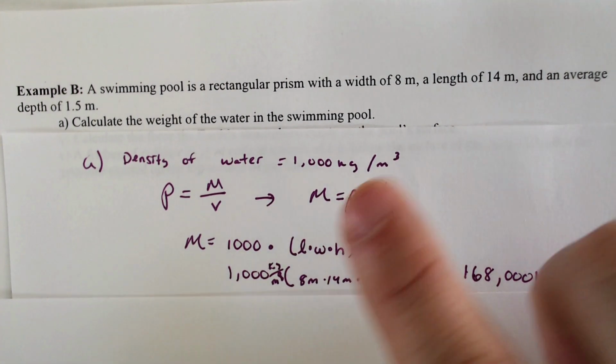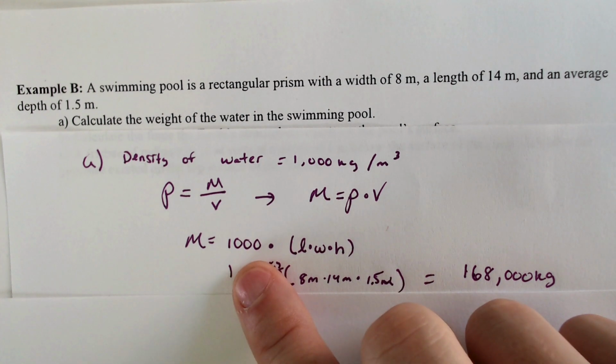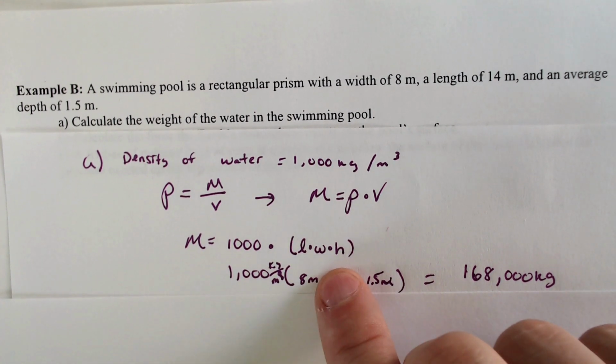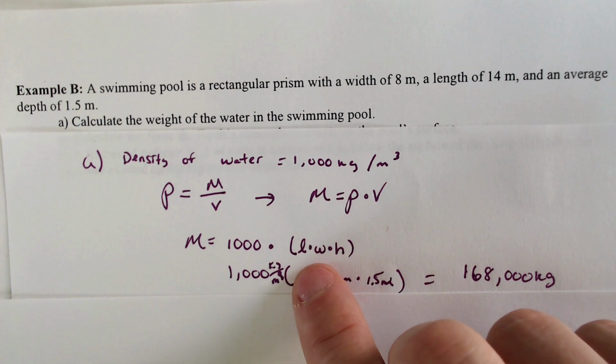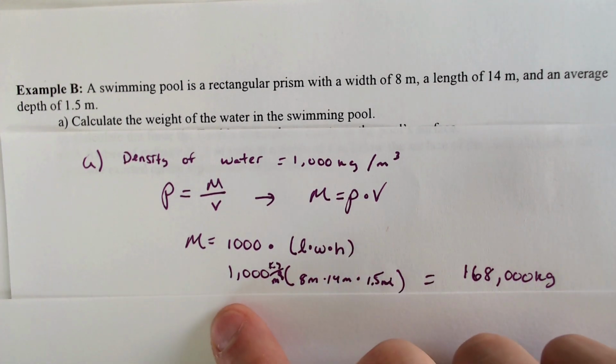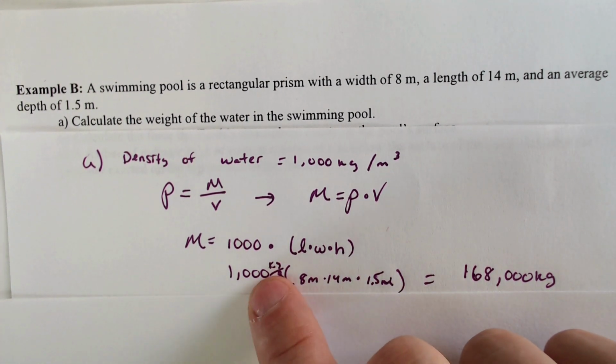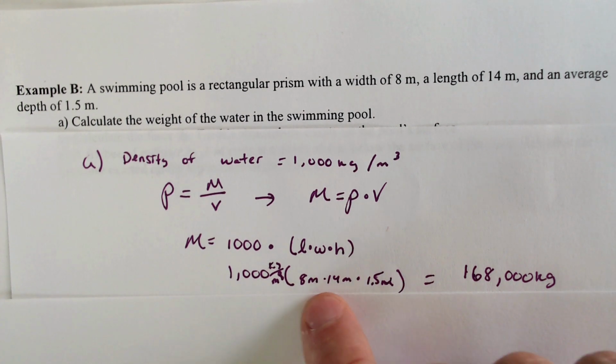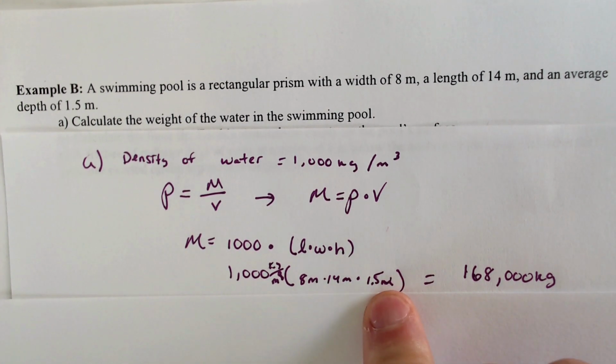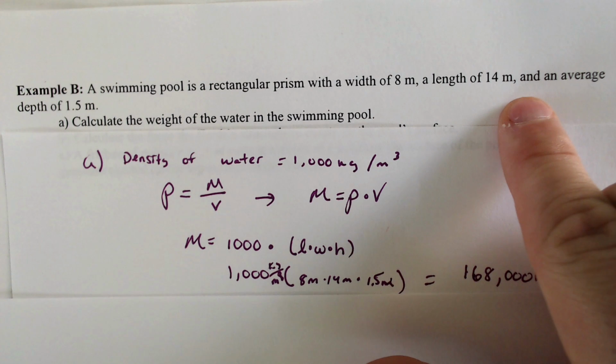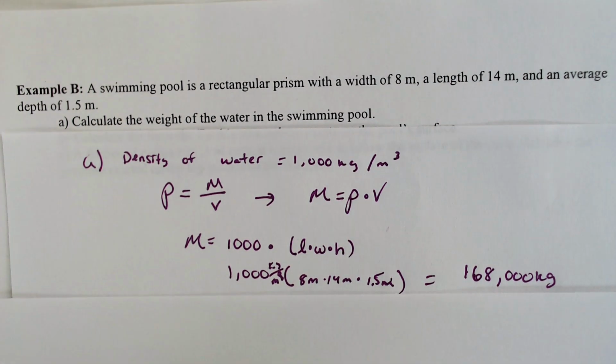The volume of a rectangular prism is length times width times height. So our mass is going to be equal to 1,000 kilograms per meter cubed times 8 meters times 14 meters times 1.5 meters for the length, the width, and the height of this pool.